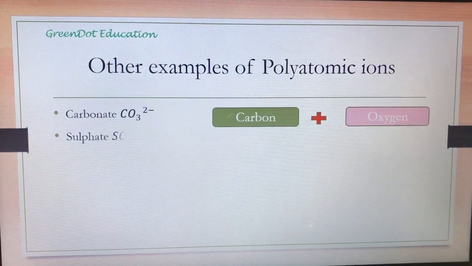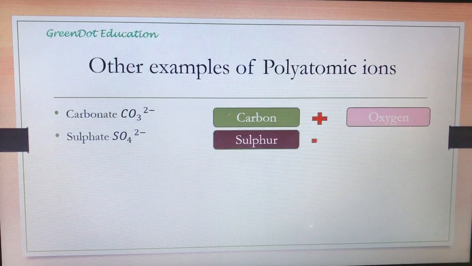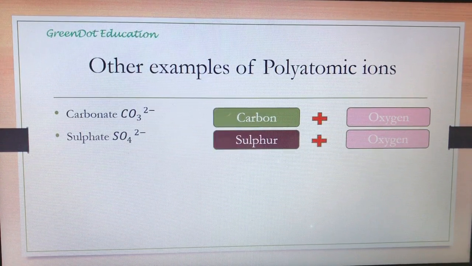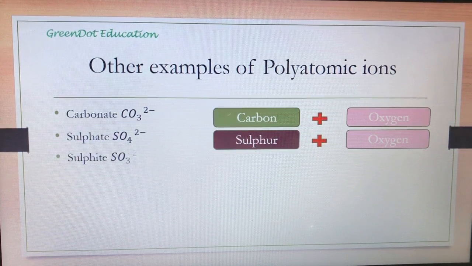In the same way, when we look at sulfate, can you say which two elements are present in this ion? Right, the two elements are sulfur and oxygen. One atom of sulfur combines with 4 atoms of oxygen and forms a two-negatively charged ion. So its valency is 2 minus.